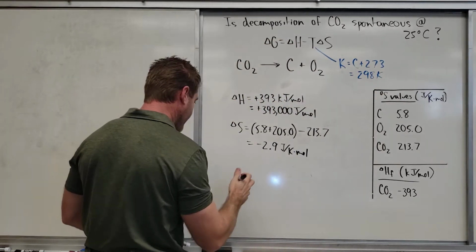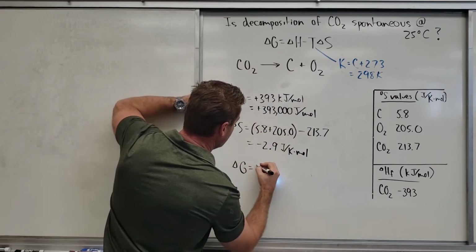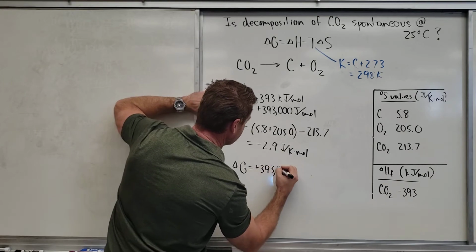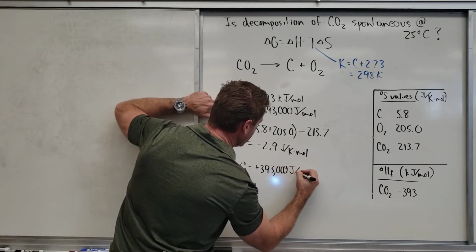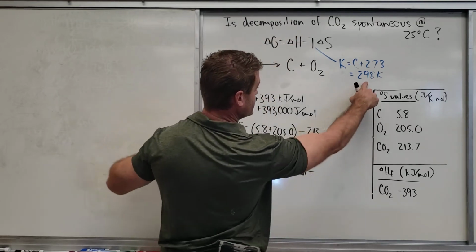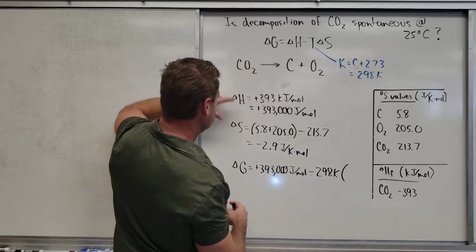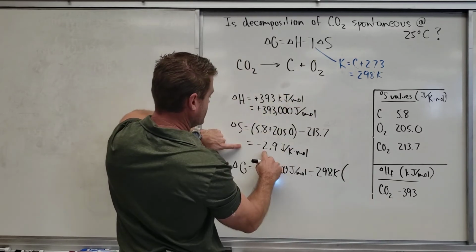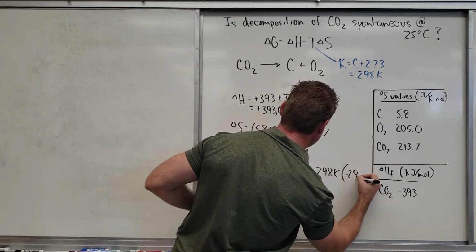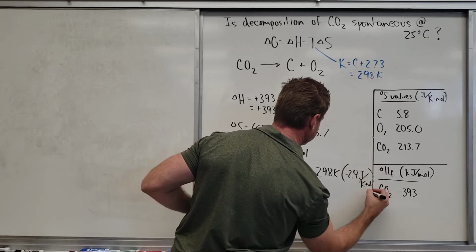So now I have everything I need. My delta G is equal to my delta H, which is positive 393,000 joules per mole, minus the temperature, which is 298 K, times my delta S, which is right here, negative 2.9 joules per K mole.